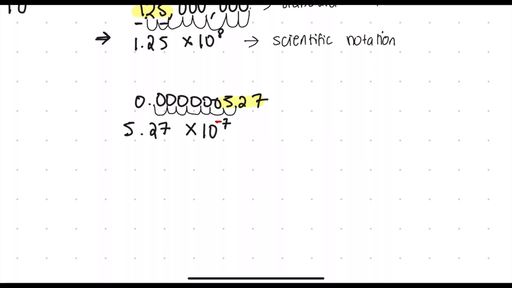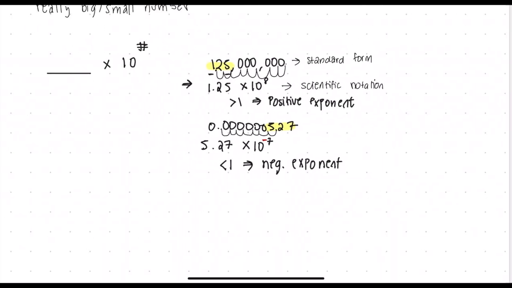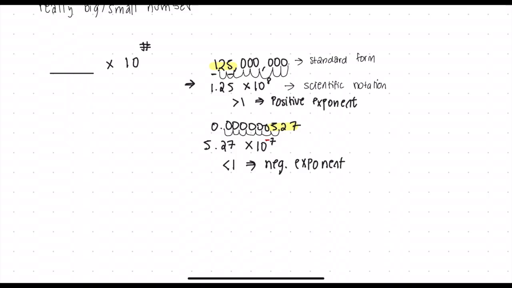But if there's a number that is less than 1, like 0.00 whatever, it would always have a negative exponent. And any non-zero number that is more than 1 would have a positive exponent. These are pretty much all the basic rules that you need to know when it comes to scientific notation.